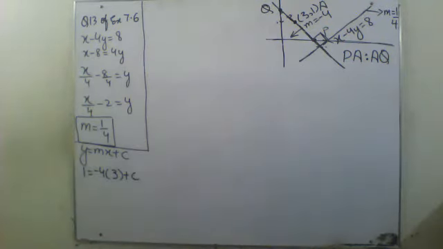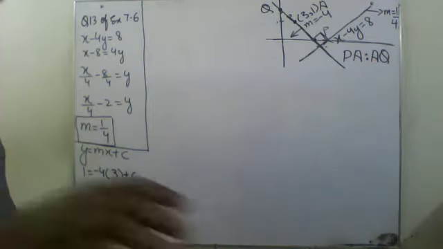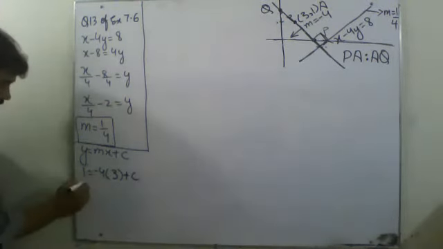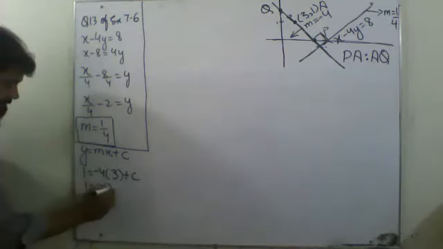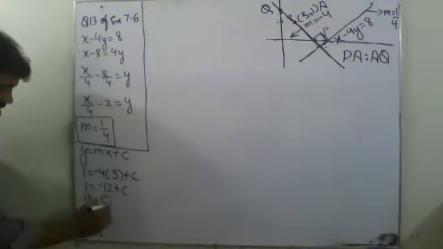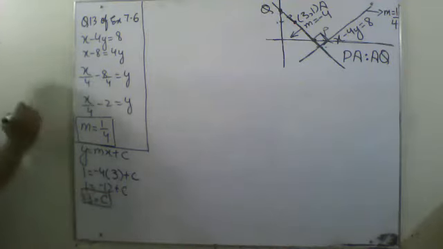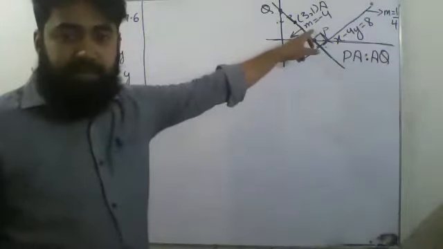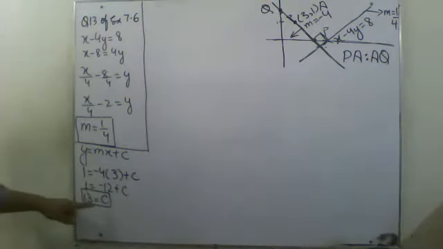Okay. So when I simplify it, 1 equals minus 12 plus c, minus 12 shifted over here. So that will become 13 equals c. Okay. So for this line, I have got gradient minus 4. I have got y-intercept as 13. What will be the equation of the line?